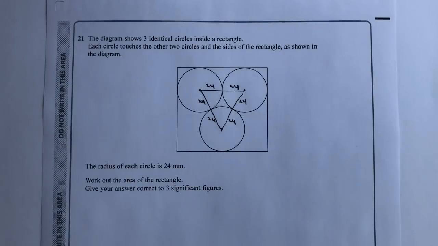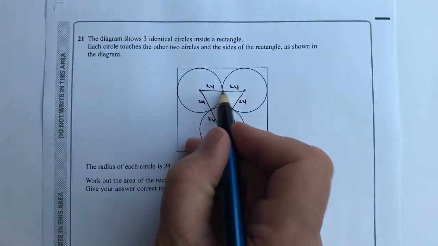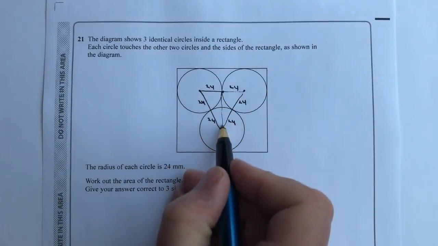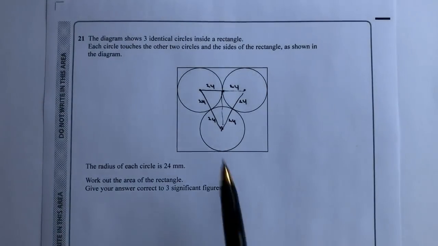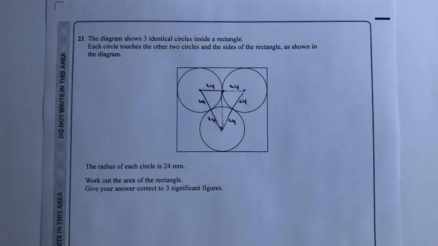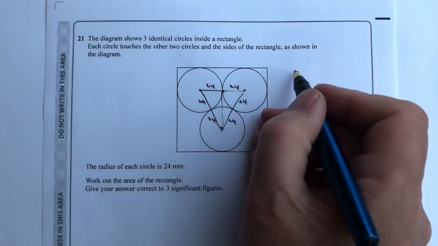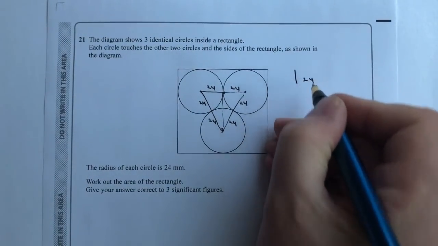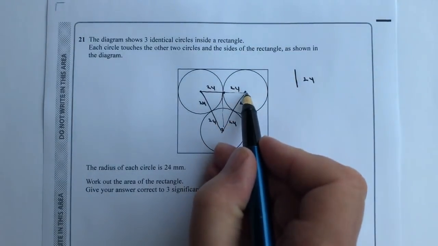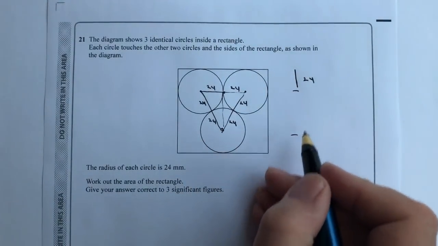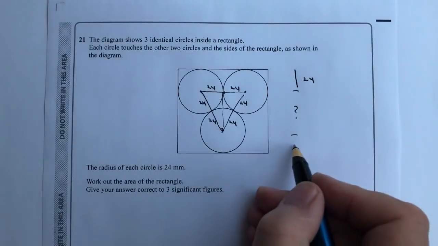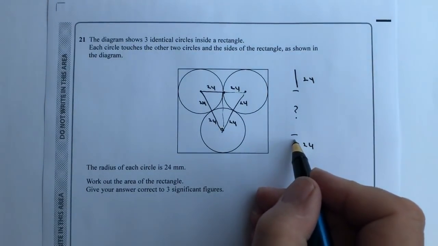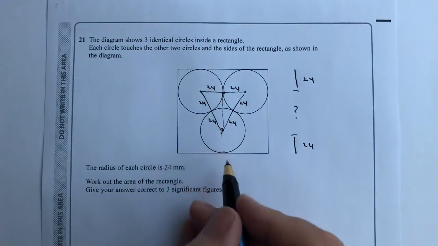Essentially, if I want to work out the height along here, then I can use Pythagoras. The reason I want to do that is because I've got 24 at the top here, which is the radius of this, then I've got this height that I'm going to work out, and then I've got another 24 at the bottom here, which is this radius along here.